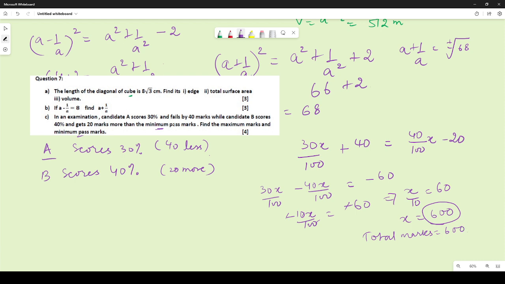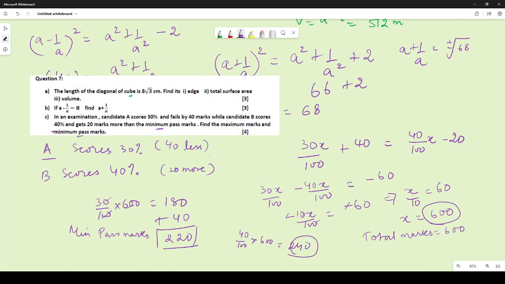But हमें और एक चीज़ पता लगानी थी, minimum pass marks. तो इसको कितना मिला था? कैंडिडेट ए को मिला था 30% ऑफ 600. तो ये कितना हुआ? दिस इज इक्वल टू 180. और अगर इसको 40 और मिलते तो ये पास हो जाता. तो द मिनिमम पास मार्क्स वर 220. अगर इसको इधर से भी देखना है इस तरीके से भी, तो 40% जिसको मिला था उसको कितने मिले थे, 40% of 600, he got 240 marks.